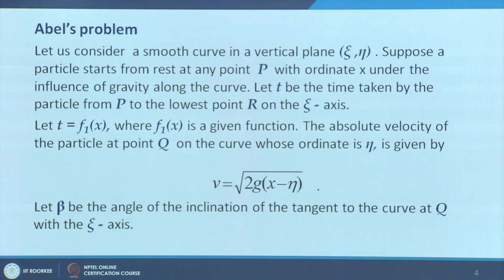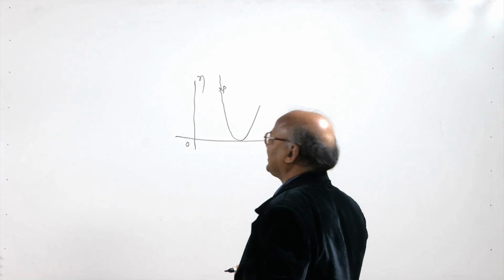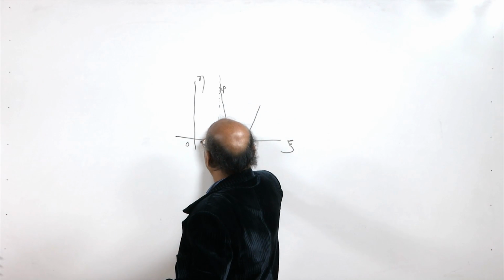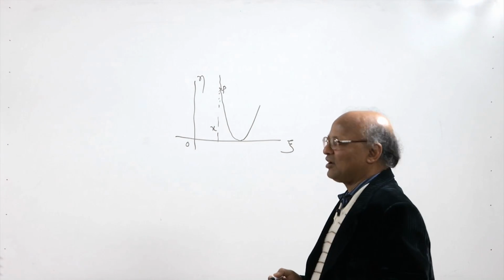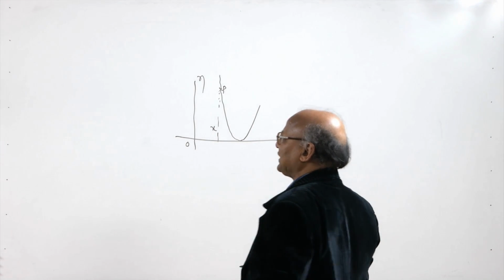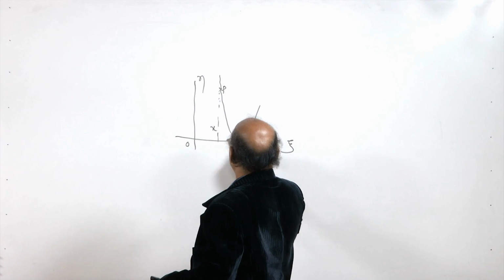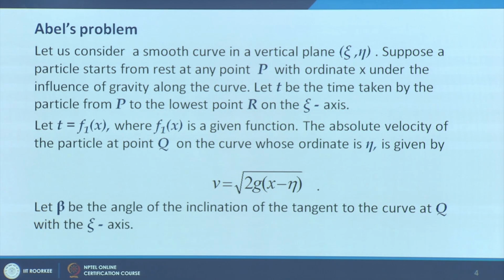Suppose a particle starts from rest from any point P with ordinate x, under the influence of gravity along the curve, and let t be the time taken by the particle from P to the lowest point R on the xi axis. Let us assume that t is a function of x, say f1(x), where f1(x) is a given function.